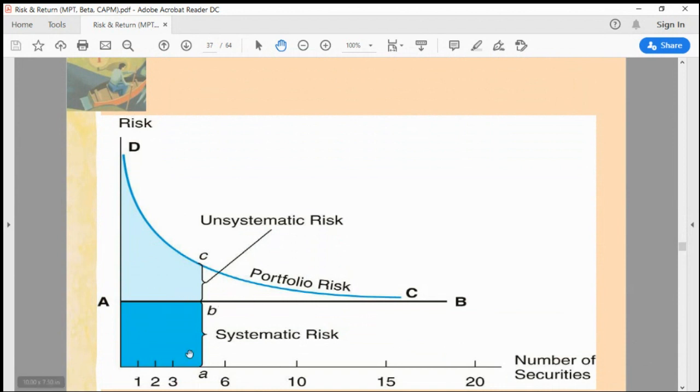And I told you, systematic risk still remains. The reason the unsystematic risk goes down drastically is the correlation between these 15 to 20 stocks. If you construct them with low correlation or negative correlation, they all cancel out each other, right?